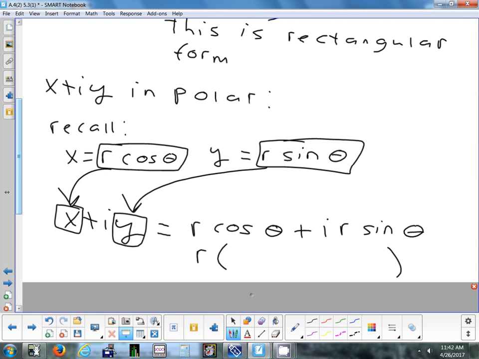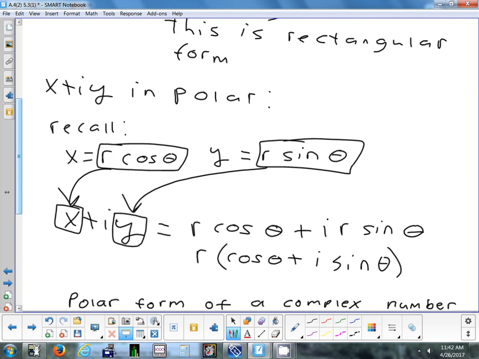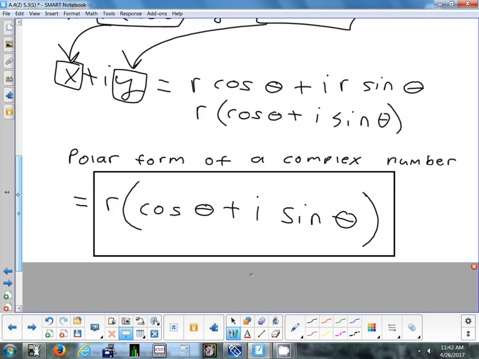So if you factor out an r from the first term, what would be left if you get rid of that r? Just cosine theta. Plus, and what would be left in the second part if you get rid of that r? I sine theta.